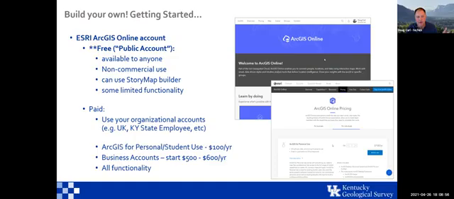With that, you can pretty much do anything you want with building story maps. Obviously, you want to do that within the framework of your license and non-commercial use, probably if you're with UK or KGS, or a Kentucky State Employee. I don't know what their parameters are, so you have to pay attention to what your license allows you to do.